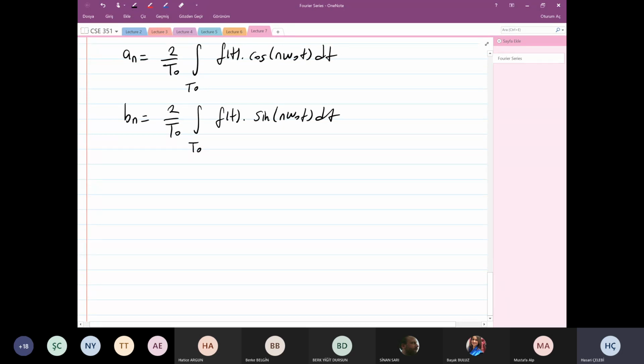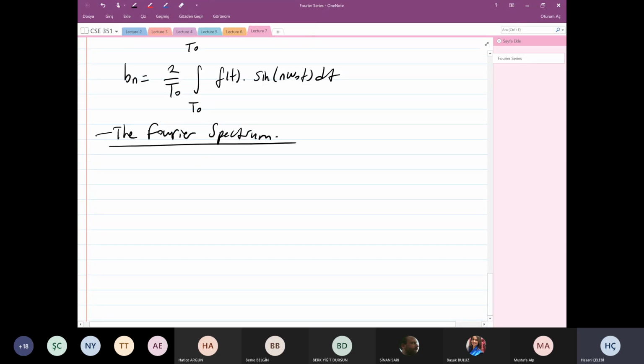We also sometimes ask you to draw the Fourier spectrum. What is the Fourier spectrum? There are two figures. One of them is Cn versus frequency omega, which we call the amplitude spectrum.